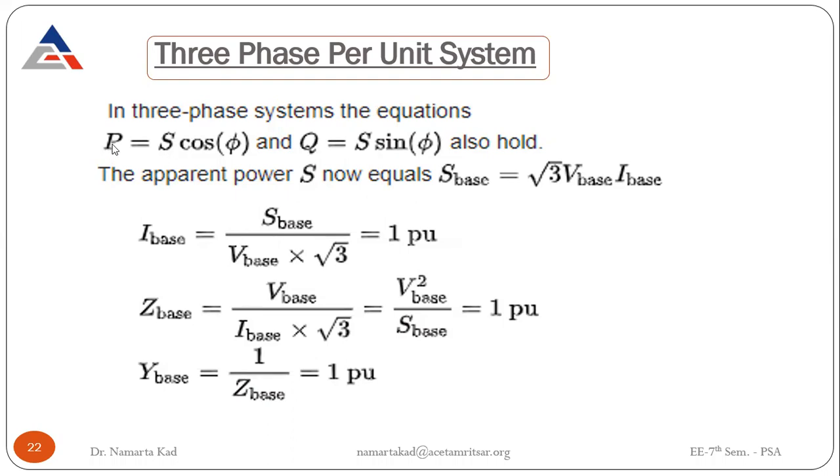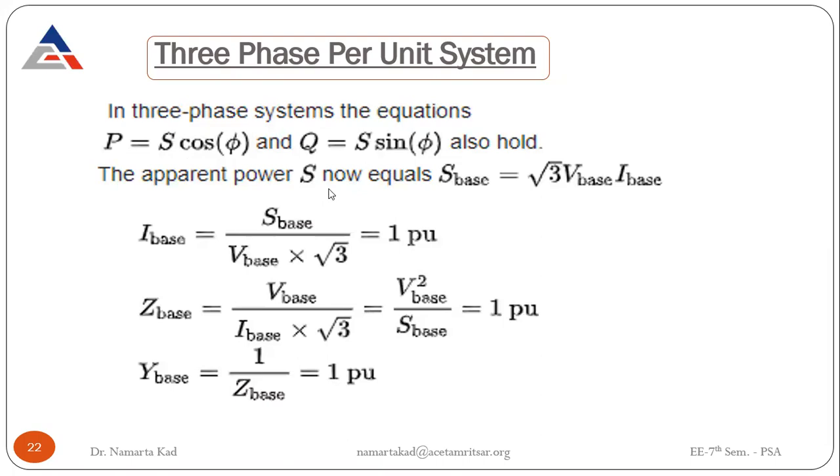The formula for P is VI cos phi and the formula for S is V into I. So real power can be written as S cos phi, and similarly the reactive power can be written as S sin phi. S is the apparent power.